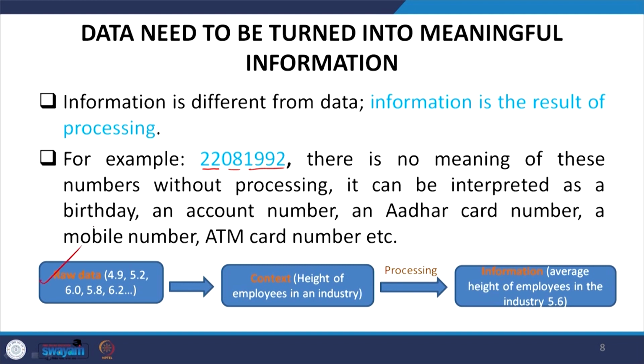Let us have an example. If the raw data is composed of 4.9, 5.2 and so on, and we put it in a certain interpretation with a variable called height of the employees in a particular industry, then it gives certain meaning. Just 4.9, 5.2 is actually meaningless unless we name it or code it with a particular piece of information like height.